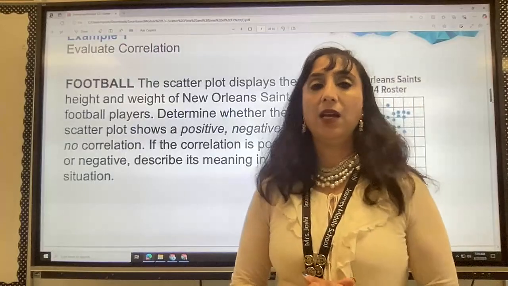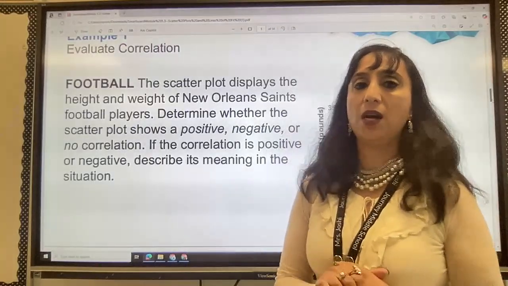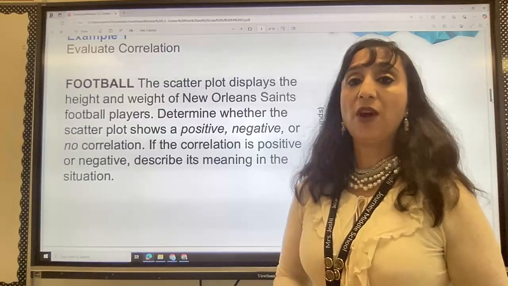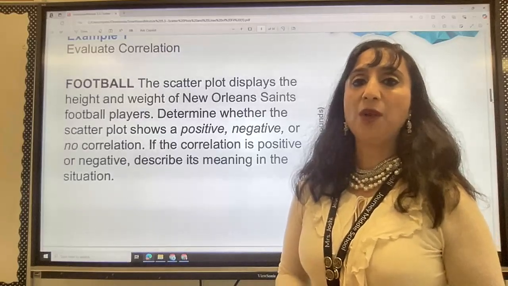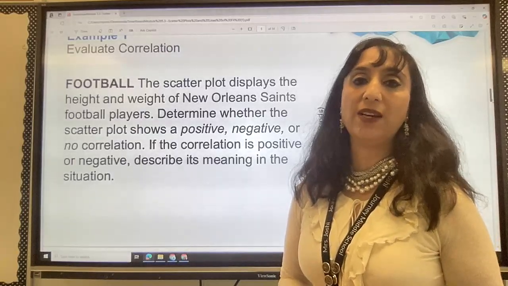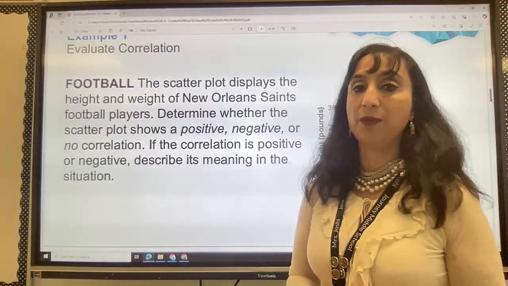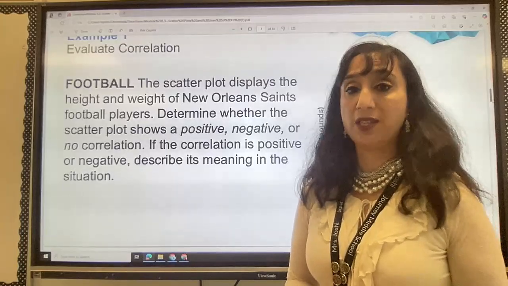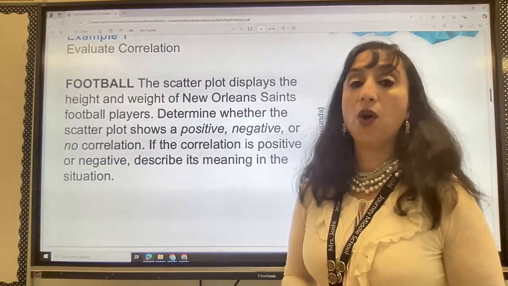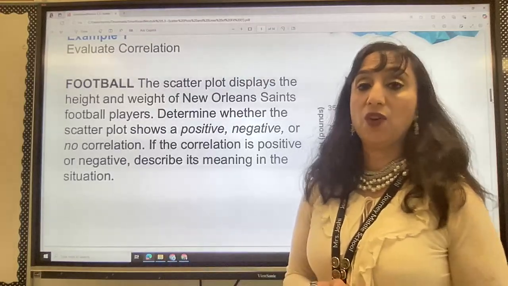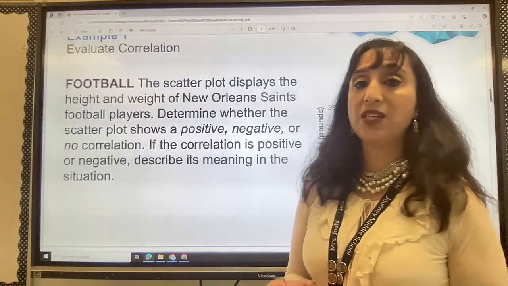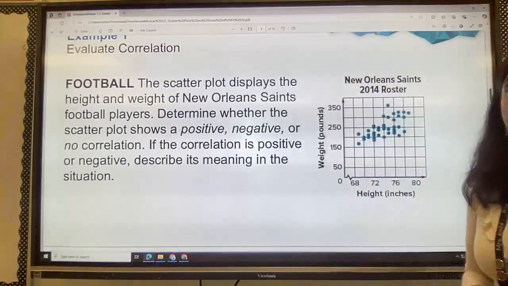It's talking about evaluating correlations, and we're talking about football. The scatter plot displays the height and weight of New Orleans Saints football players. Determine whether the scatter plot shows a positive, negative, or no correlation. If the correlation is positive or negative, describe its meaning in the situation. So let's look at this graph.